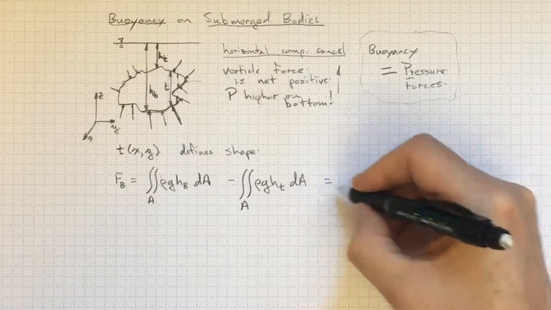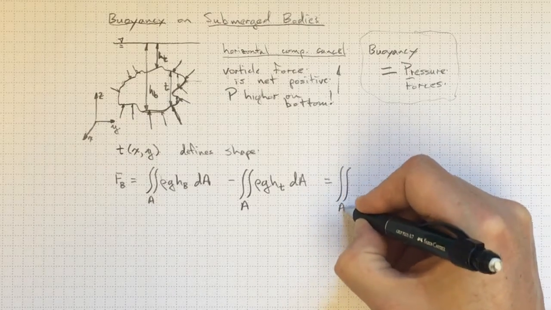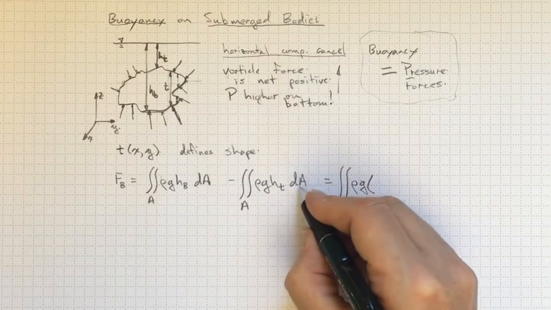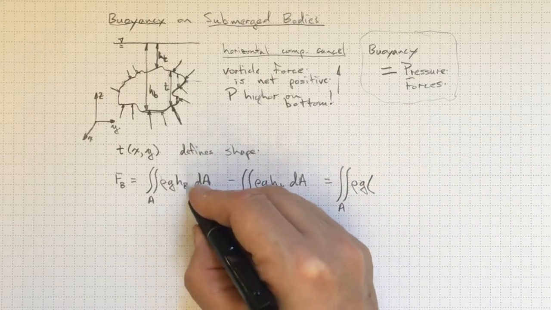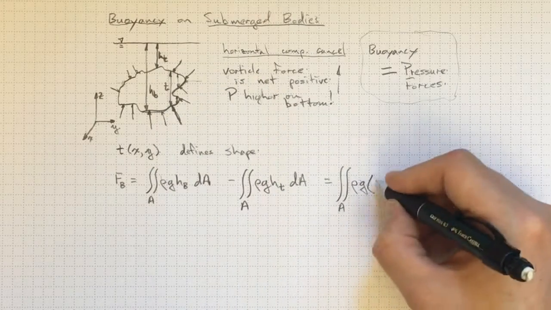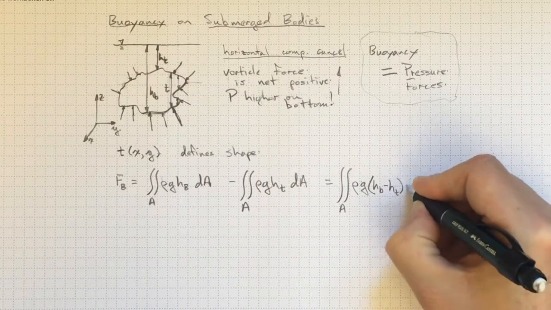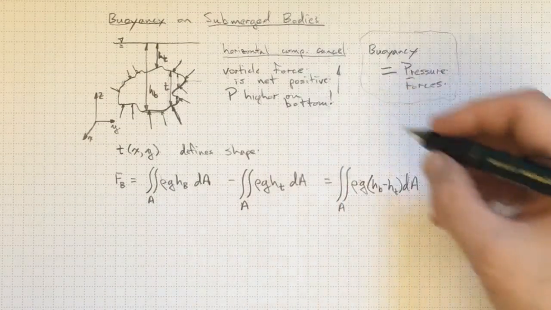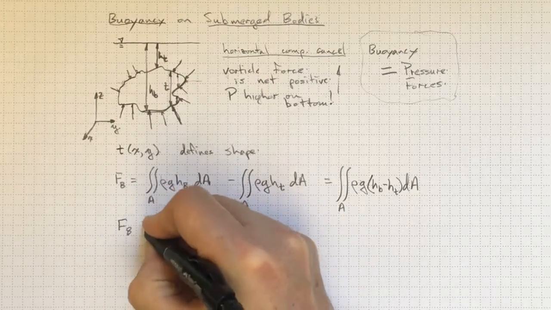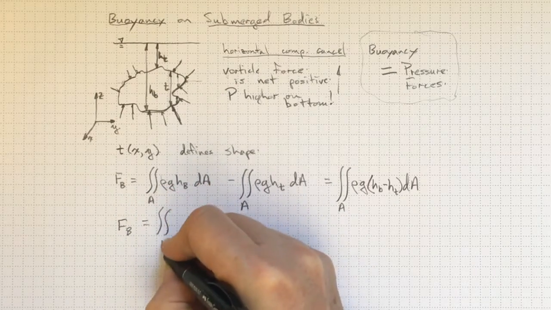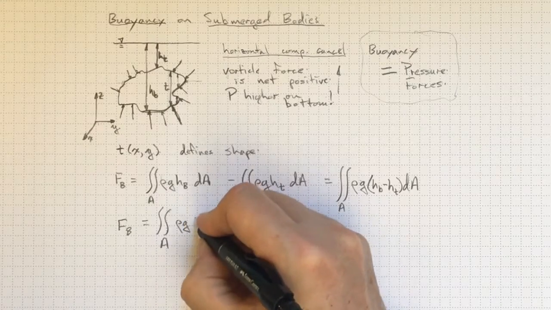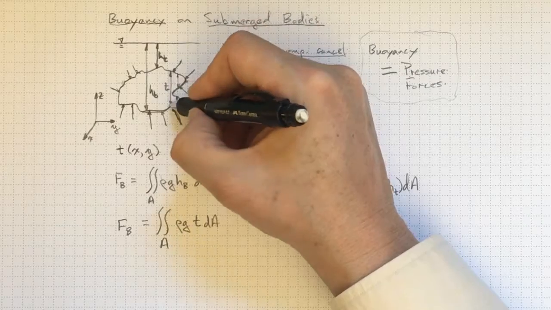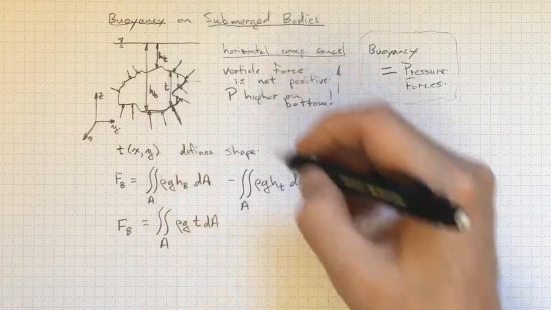So that F buoyancy is going to be the integral over the area of rho g times, well, everything's the same in these two except it's the height down to the bottom minus the height down to the top. Or if we remember that we've got the thickness there, then that's going to be still an integral over the area of rho g times the thickness times dA, but thickness times projected area is a volume.